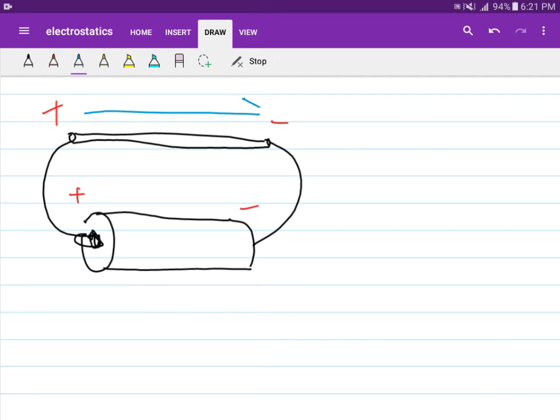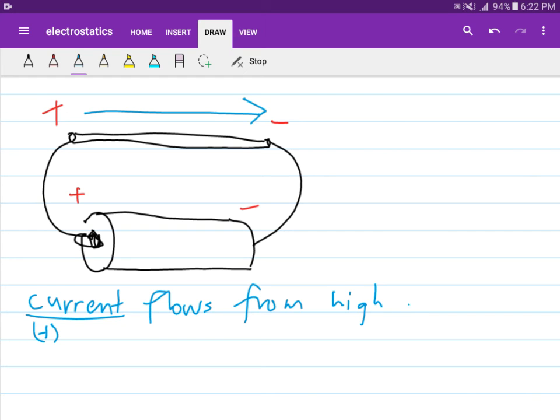So remember that current flows. In our case, this is positive current. Current flows from high potential or high voltage. You can also say voltage since this is electrical potential energy per charge.